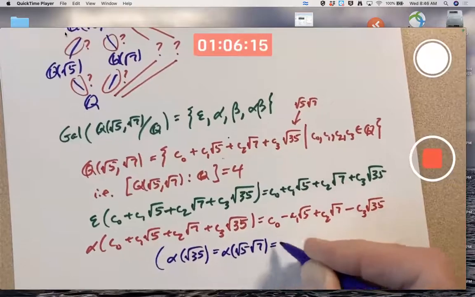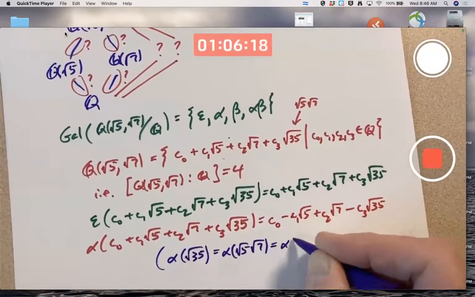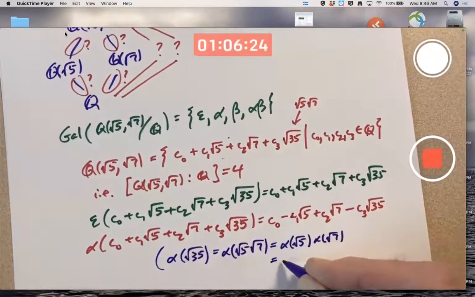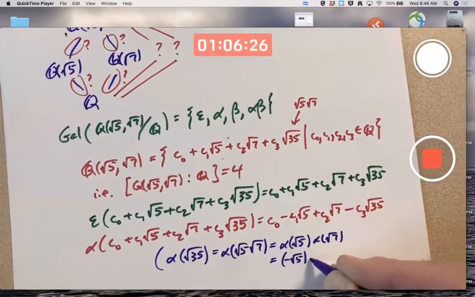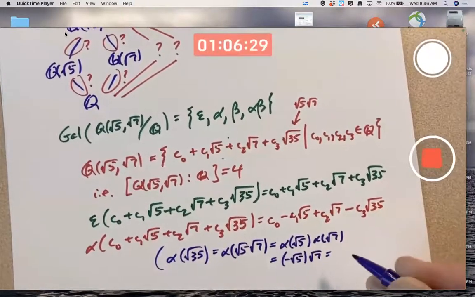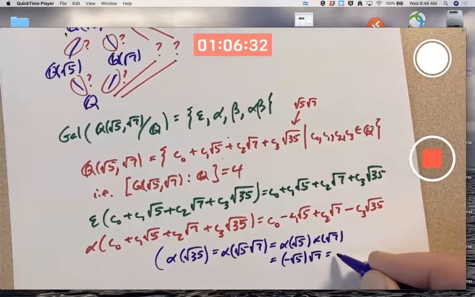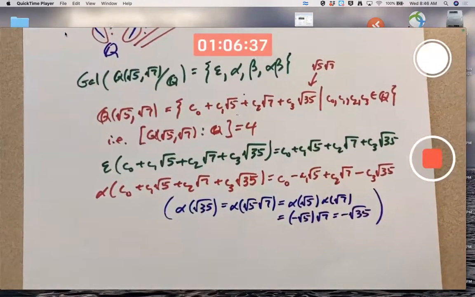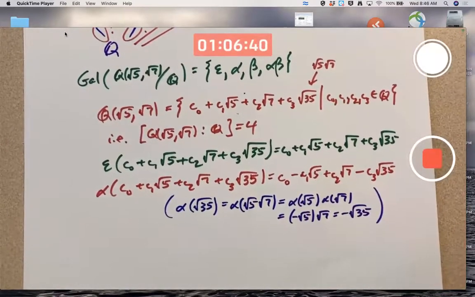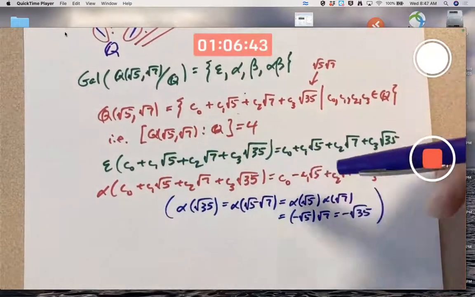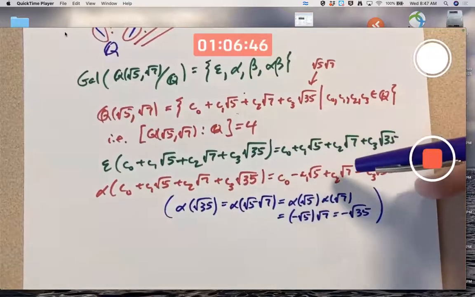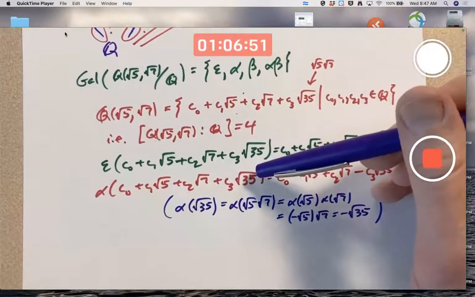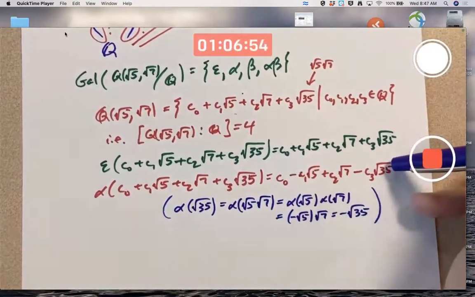And since alpha is doubly operation preserving, this would be alpha of root 5 times alpha of root 7. I'm assuming root 5 gets mapped to negative root 5 and root 7 gets mapped to itself. Therefore, root 35 has to get mapped to negative root 35. Since alpha must be doubly operation preserving, I'm forced to conclude that root 35 gets mapped to negative root 35.